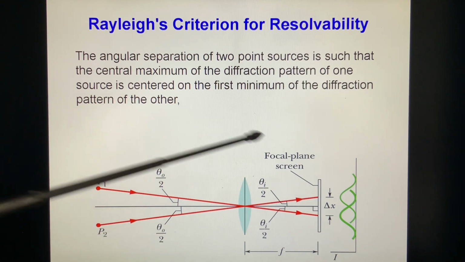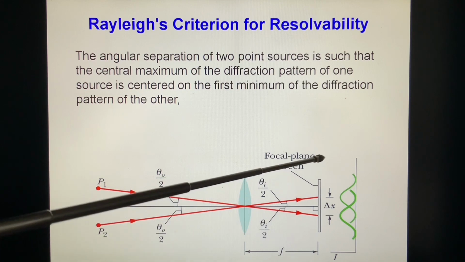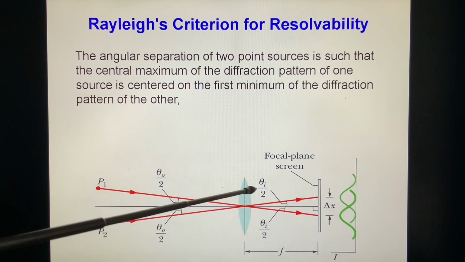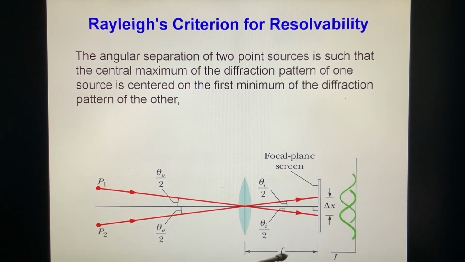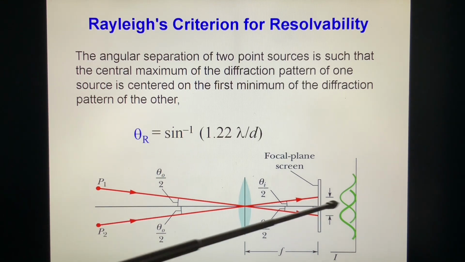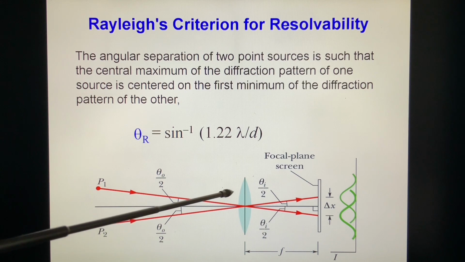And we look at the pattern on the screen. The screen is at the focal plane. So the difference delta x equals f theta I, right? And we know theta r from Rayleigh's criteria is the first minimum for the aperture diffraction.